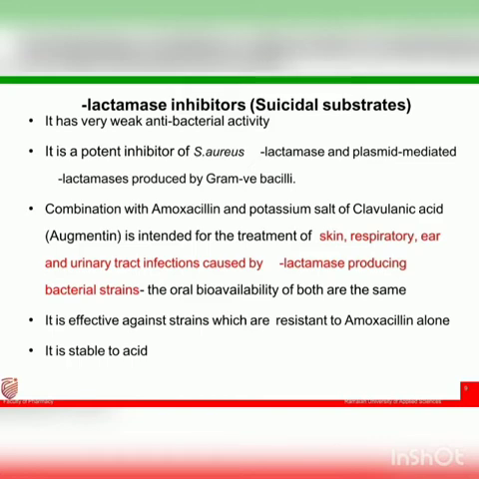In combination with amoxicillin, the potassium salt of clavulanic acid gives Augmentin, which is intended for the treatment of skin, respiratory, ear, and urinary tract infections caused by beta-lactamase producing bacterial strains, where the bioavailability of both is the same. It is effective against strains which are resistant to amoxicillin alone. It is also stable to acid.